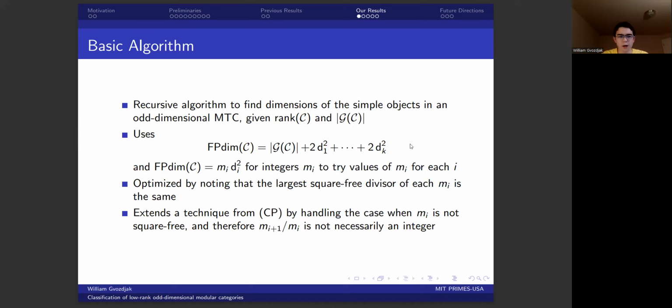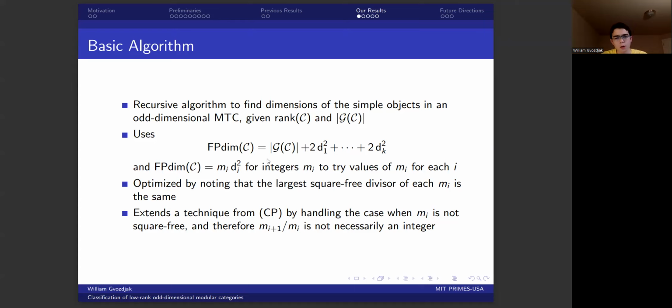So the FPDIM of C is equal to some m sub i times d sub i squared. And what this did was that it not only let us express one dimension in terms of the previous dimension, because we can write a sort of chained equation using this, because we can write the same thing for the next dimension, but it also greatly restricted what the possible values of m sub i are, because we know that it has to be the FPDIM of C divided by the square of some dimension.